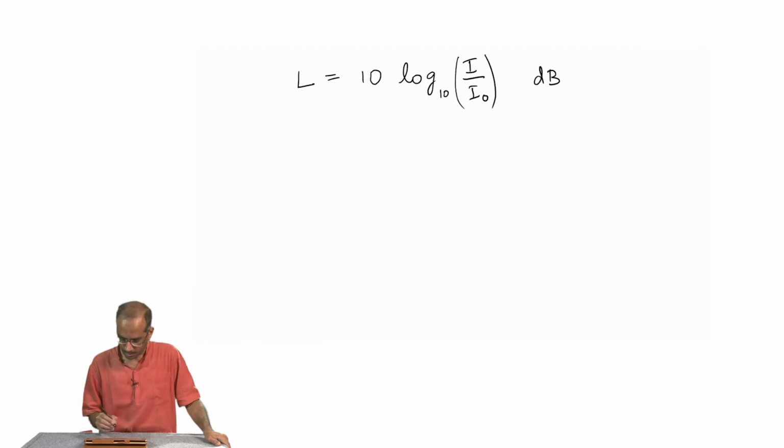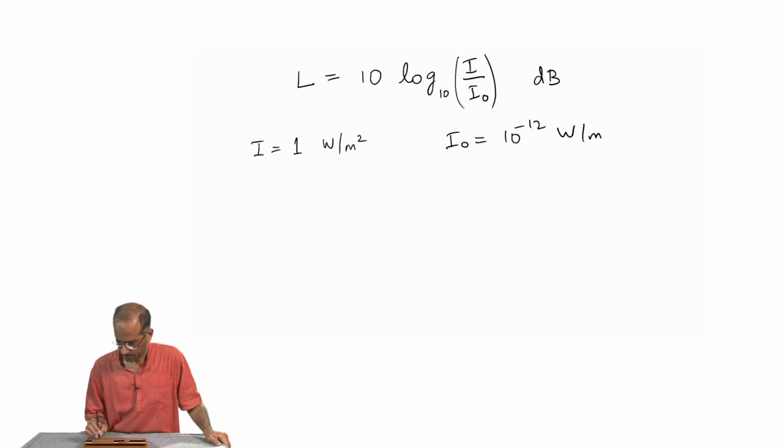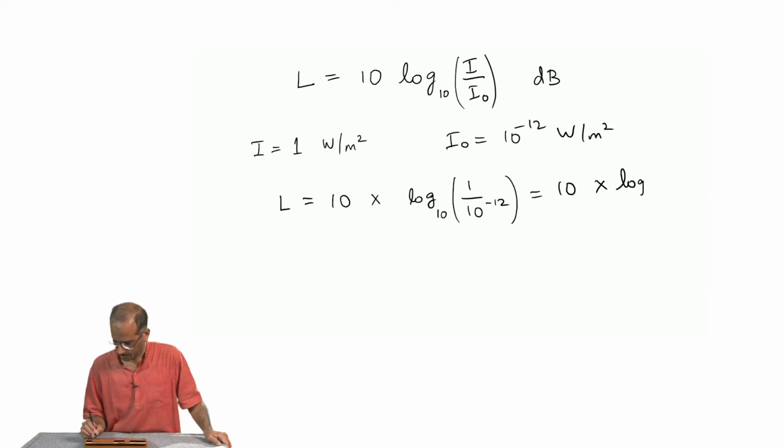To get the full audible range, I need to simply set I equal to 1 watt per meter square and I 0 is 10 power minus 12 watt per meter square, in which case L will be 10 multiplied by log to base 10 of 1 divided by 10 power minus 12, and that is just 10 multiplied by log to base 10 of 10 power 12.